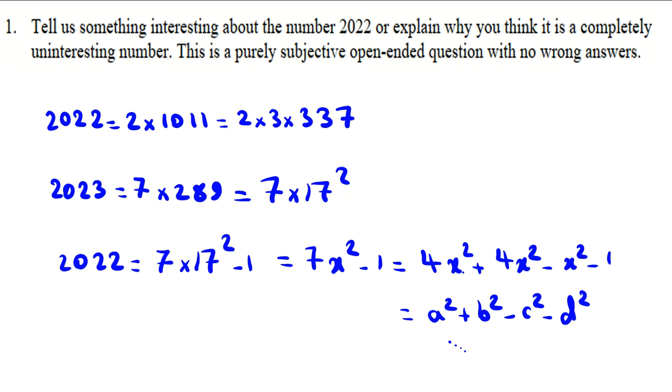So you can say, for example, it is 4x squared minus x squared minus 1 squared. So you can reach it by adding 2 squares and then subtracting 2 other squares like this. You can find any good properties. So as the problem says, it is an open-ended question. So let's go to problem number 2.